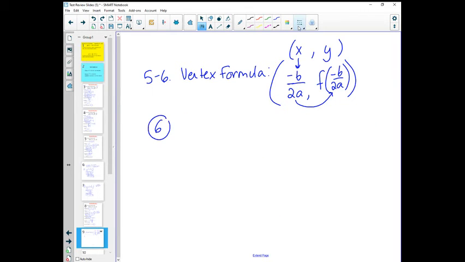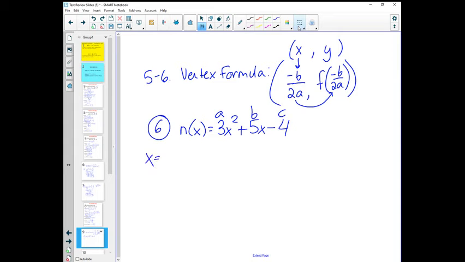On question 6, we're doing the same thing. We're given the function n of x equals 3x squared plus 5x minus 4, and we're asked to find the vertex of that equation. First, we're going to label a, b, c.